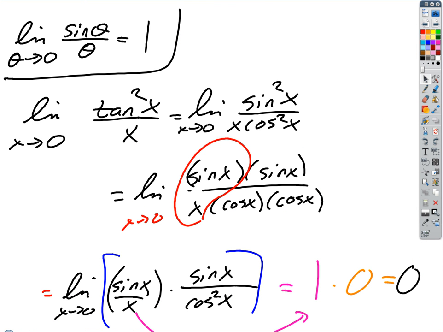Now there's another one that they give you in the book. I can't remember what it is because I always just derive it every time I need it. But I think it's 1 minus cosine theta over theta equals 1. But I better just make sure. Yeah, that's it. They also give us this one, the limit of 1 minus cosine x over x as x approaches 0 equals 1.